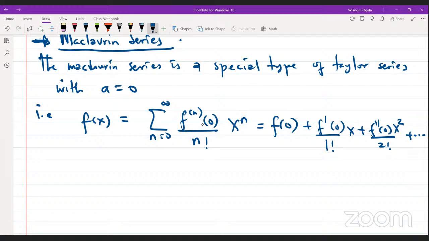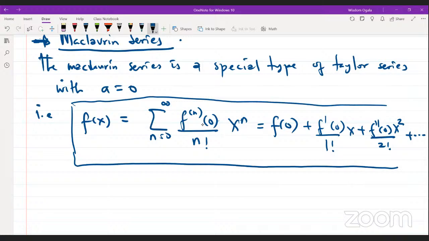This is exactly what we call a Maclaurin series. I hope you get the difference. Maclaurin series is a special type of Taylor series.